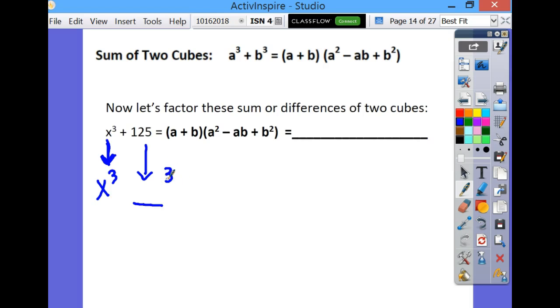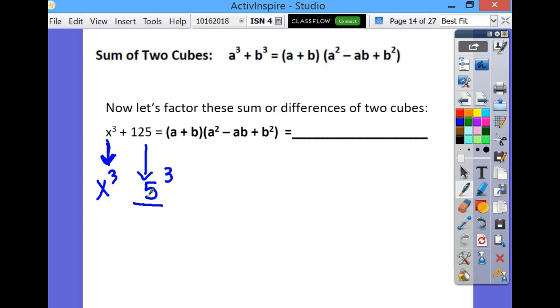Is 1 times 1 times 1 125? Pick your calculator up. Is 2 times 2 times 2 125? Or 3 times 3 times 3? Or 4 times 4 times 4? What do I have to multiply by itself 3 times in order to get 125? Is 5 times 5 times 5 equal to 125? See that by using your calculator?